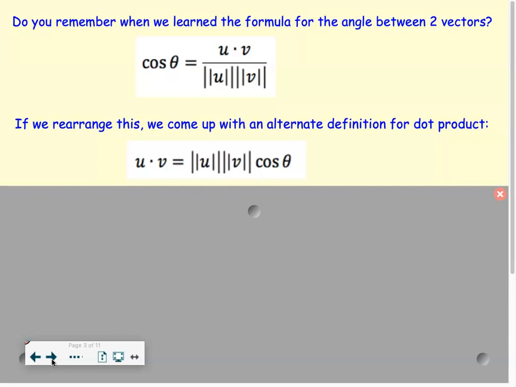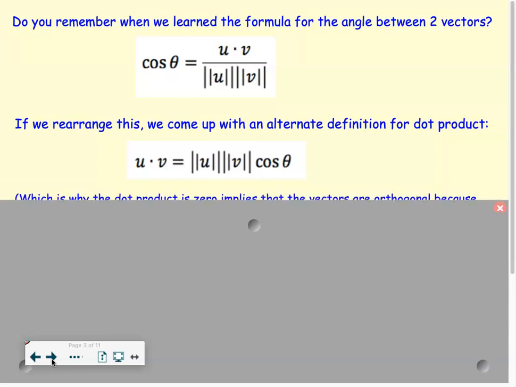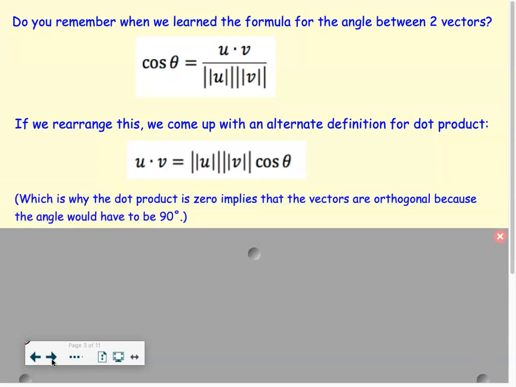All right, where are we going with this? Well, I told you all this in chapter 12, which is why if the dot product is 0, it implies that the vectors are perpendicular, because the only way to get a 0 dot product is if the cosine of your angle is 0, if your angle is pi halves or 3 pi halves, which forces the vectors to be perpendicular, right?